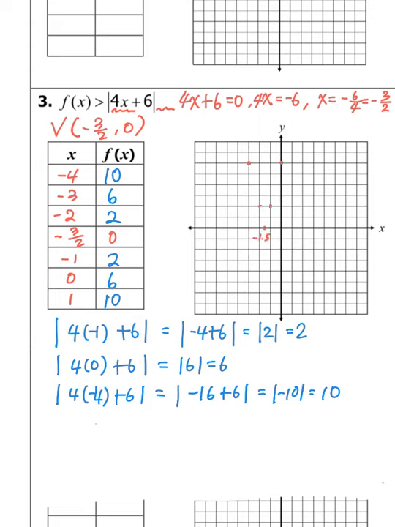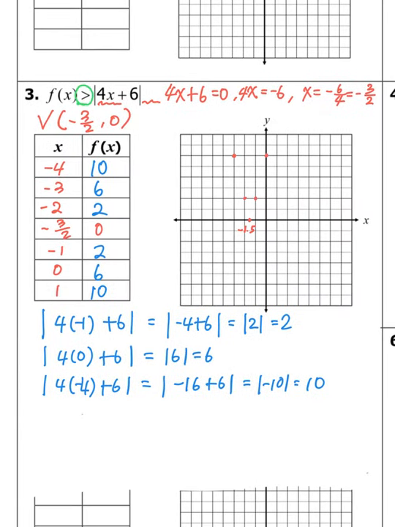I plot each coordinate point, and let's see if we're going to draw this as a dashed line or a solid line. Since that inequality doesn't have an equal bar, it will be a dashed line. So let me draw.